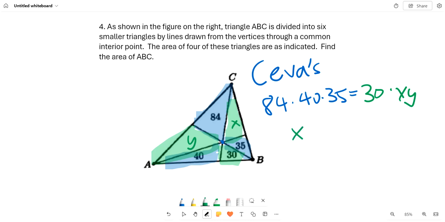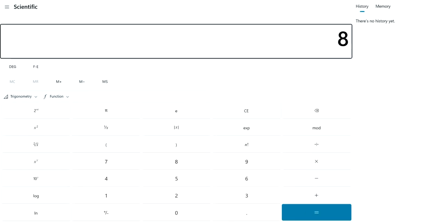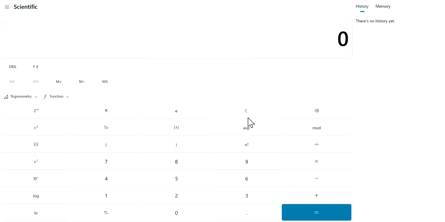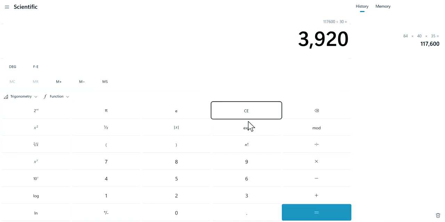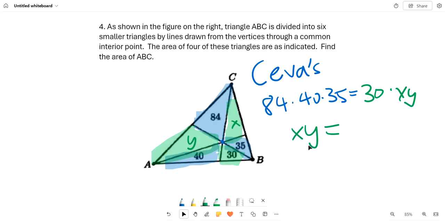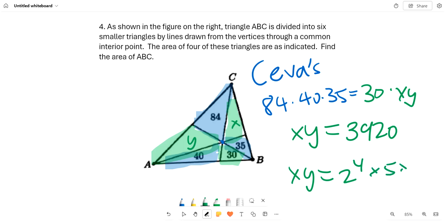So then we find that xy will equal, oh no, 84 times 40 times 35 divided by 30, which is 3920. And we also know that the prime factorization of that is 2 to the 4 times 5 times 7 squared.